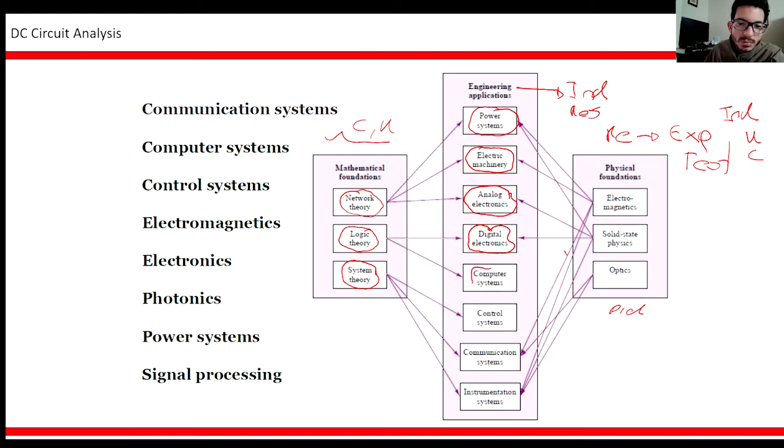Computer systems, which include all the software and all the hardware for computers. Control systems, which is huge because we have all the instrumentation and all the sensors and actuators for mostly every industry. Communication systems, which is also a huge field right now, which could be optical communication, or telecommunication, or radio communication, etc. And instrumentation systems, which are very closely related to controls.